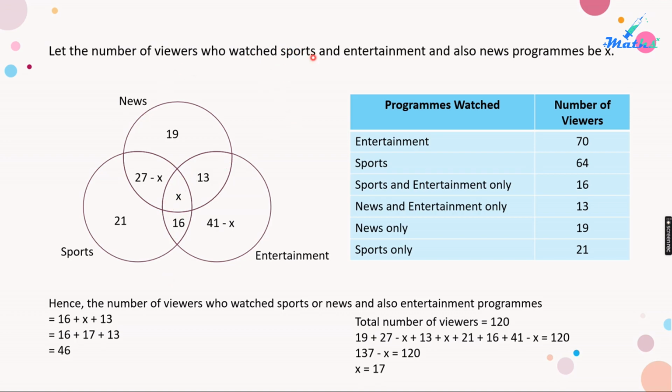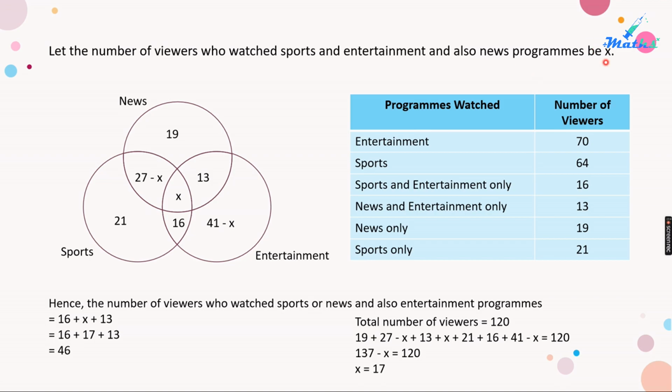And those who watch sport and entertainment and also news programs is X, so we write it down here. For sport we have 64, so we take 64 minus 21 and 16 and we get 27.